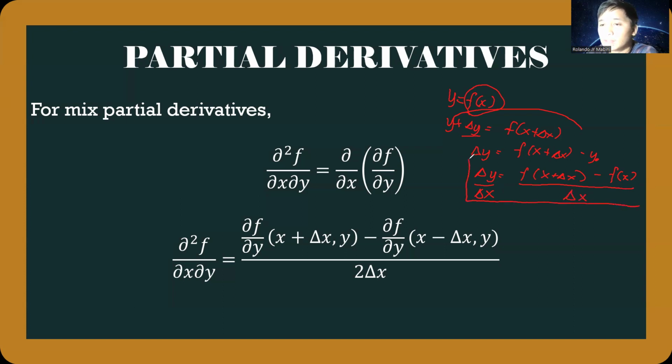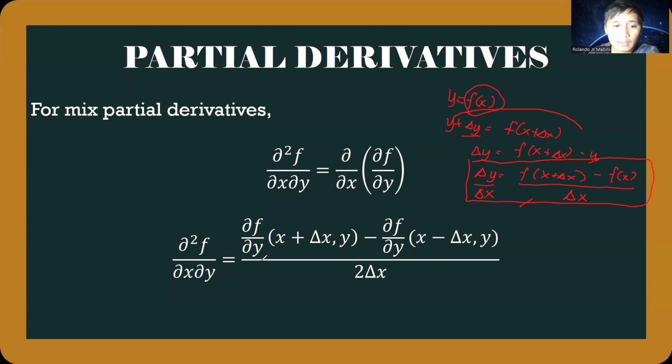And this is actually the definition of the derivative: delta y over delta x, or the differential of y with respect to x. If we have a function of x, this must be f of x plus delta x minus f of x over delta x. So this is our mathematical expression of differentiation.